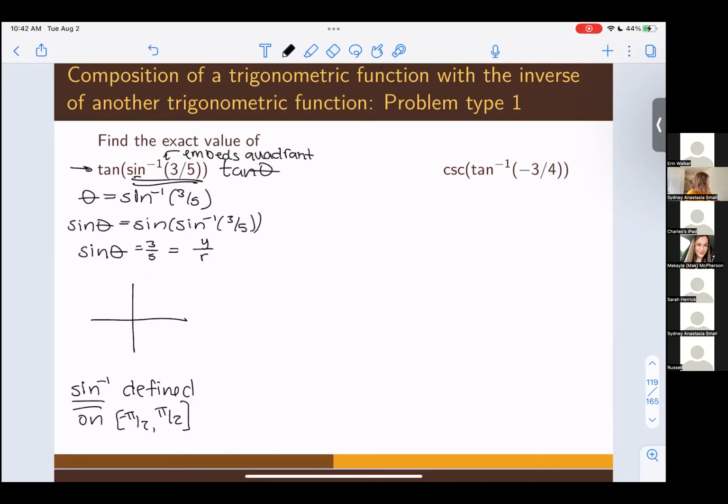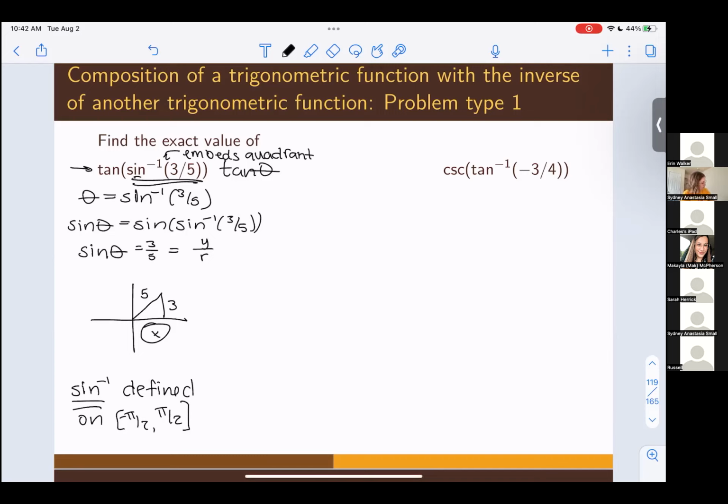So let's draw our picture now. Draw some angle. We know the radius is going to be 5 and the y value is going to be 3, because it's y over r. Now we just have to solve the triangle right here because we want the tangent of this angle, and for tangent we need both the x and the y coordinate. So we need this remaining side.